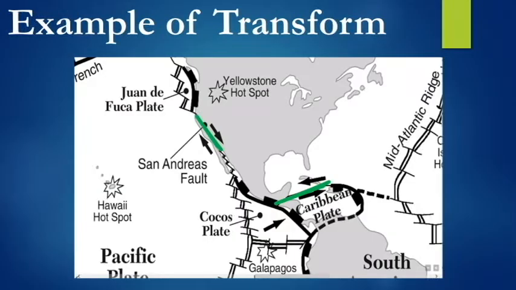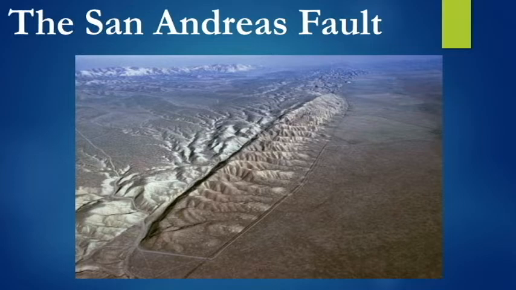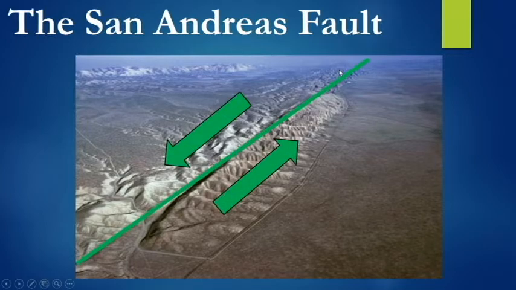It's a symmetrical pattern. All right, just to finish this up, transform boundaries, probably the least interesting, but certainly not for those people that live in California. The San Andreas Fault is probably the most famous fault line in the United States, and you can see it from even an airplane. It's a clear crack in the earth, and I'm going to put in some arrows there to show how the plates are moving relative to one another.